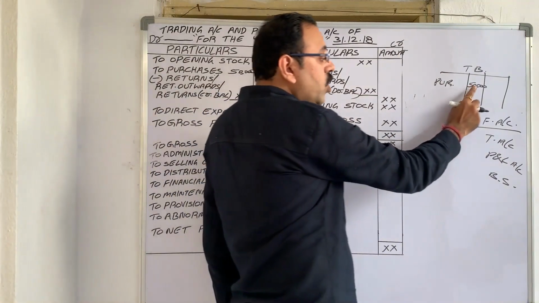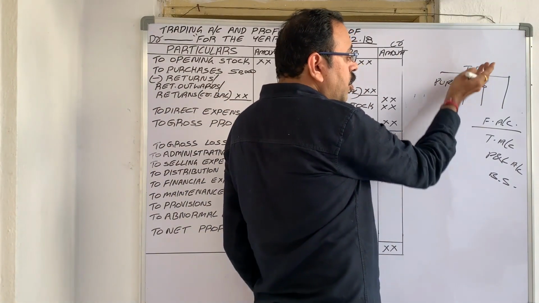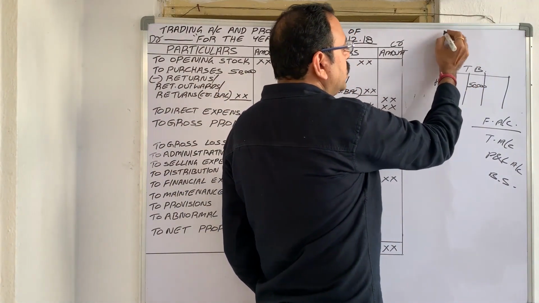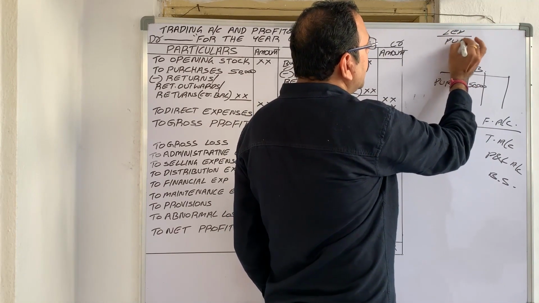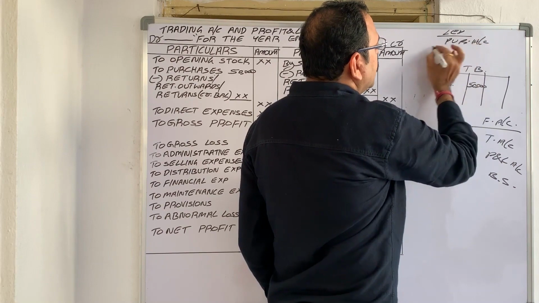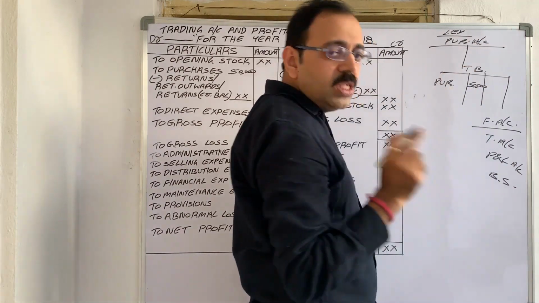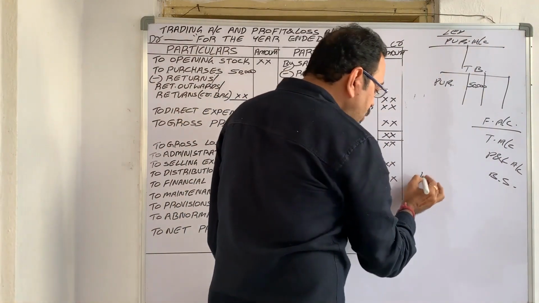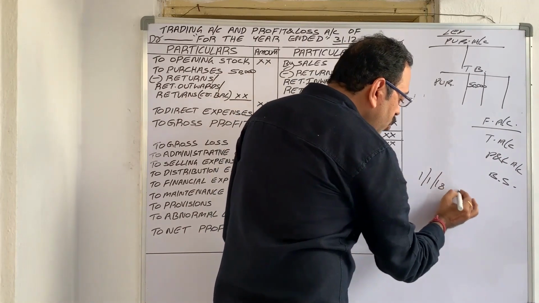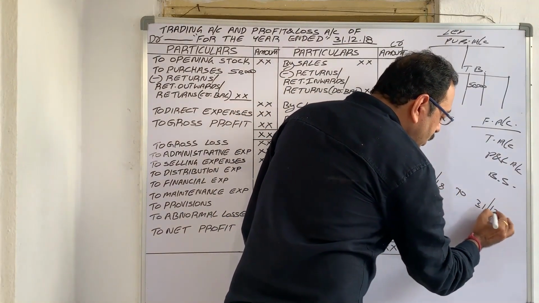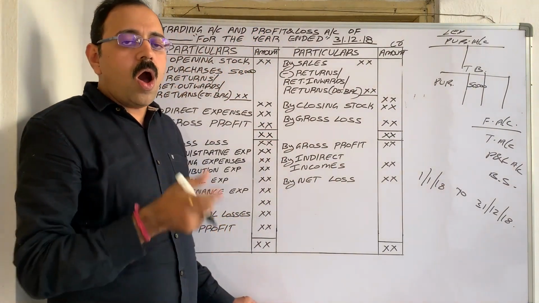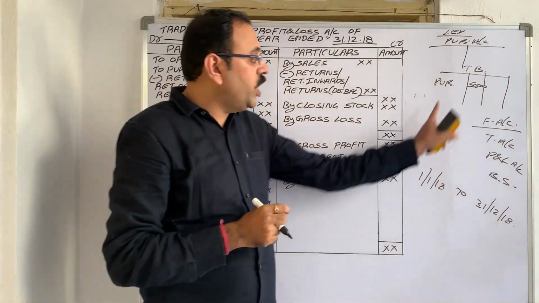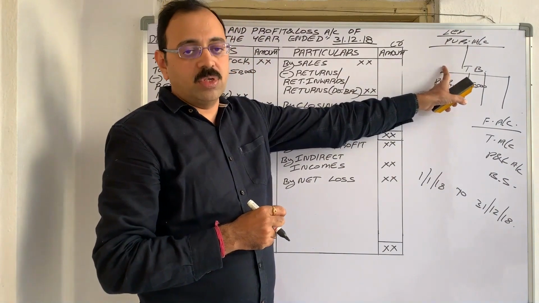Now from where did we get this 50,000? Before the trial balance, we prepare the ledger book. In the ledger, we prepared the purchase account. In the purchase account, from 1st January 2018 to 31st December 2018, whenever we purchased, all those purchase figures we debited to the purchase account.